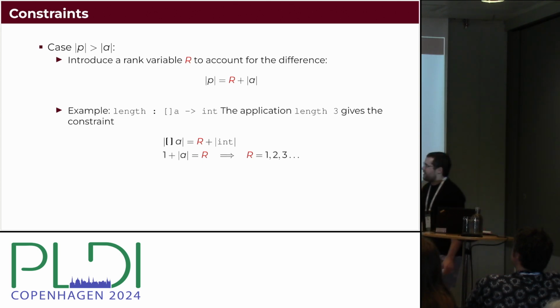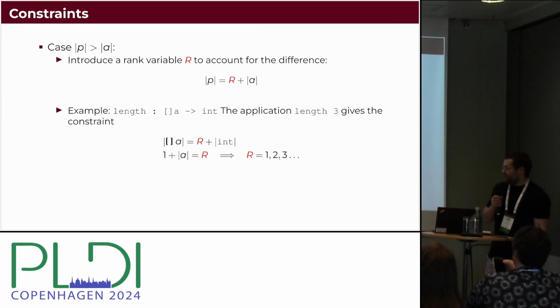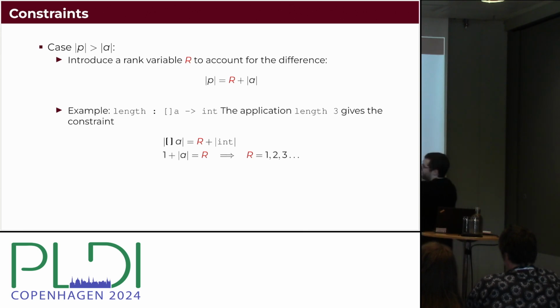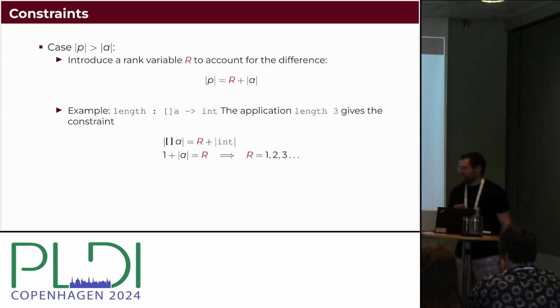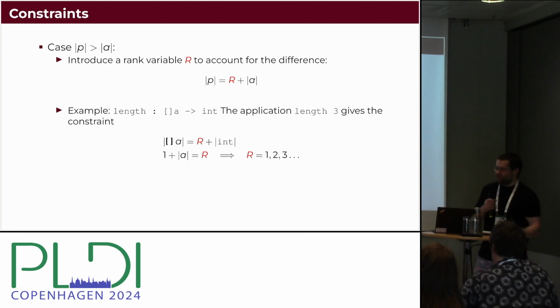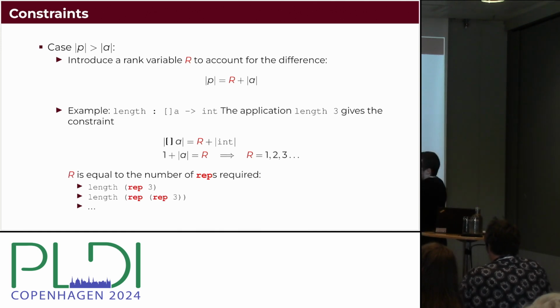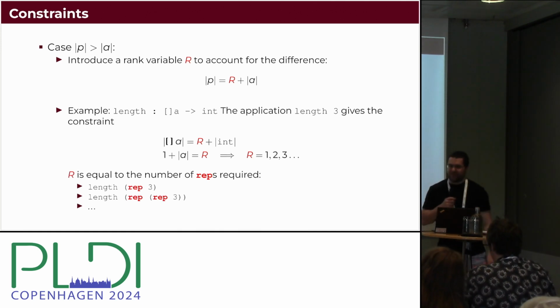And an important thing here is that now, because length itself has a type variable, we get a type variable in the actual constraint. And of course, you don't know what the rank of this thing is. You just know that it's some type variable. So that just persists in the equation. And what happens is that then r can be any value. There's infinitely many solutions here because of the rank variable, because that rank variable can assume many different ranks. So what happens is that this constraint means that we have infinitely many different possible elaborations here.